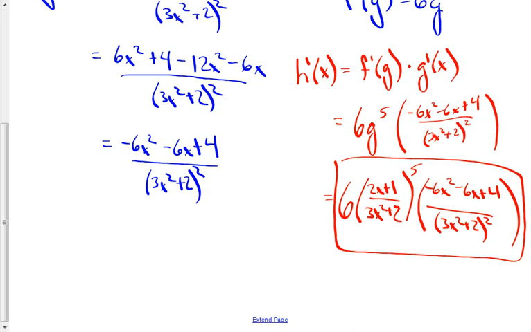Okay. As a side note, guys, we've already done stuff like this. What's the derivative of e to the 6x? Does that make more sense now than it did before?